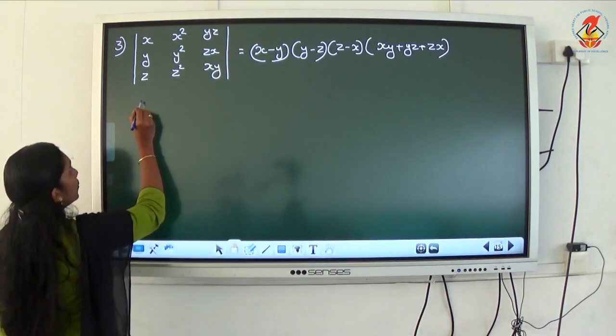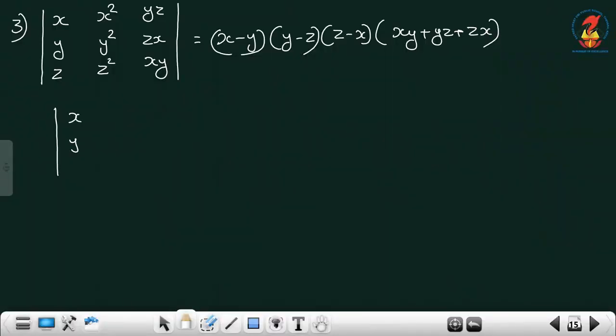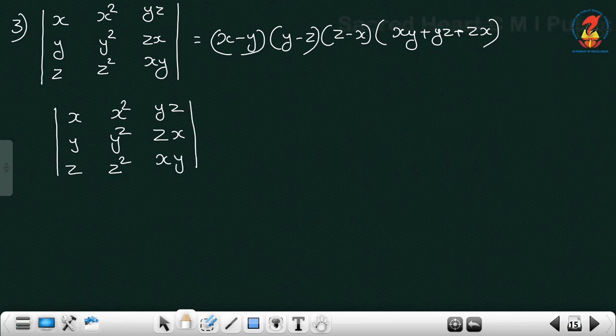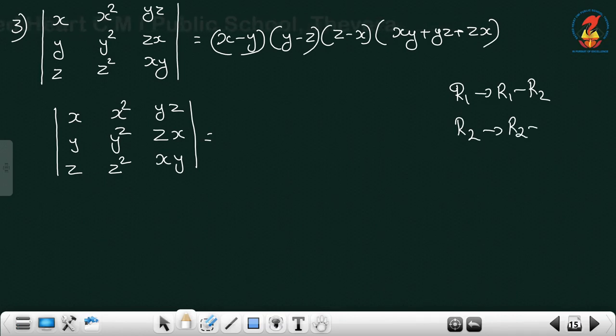So we do operations: R1 implies R1 minus R2 and R2 implies R2 minus R3. Only two operations you can do. You don't do R3 also like this. At a time two operations like this you can do.